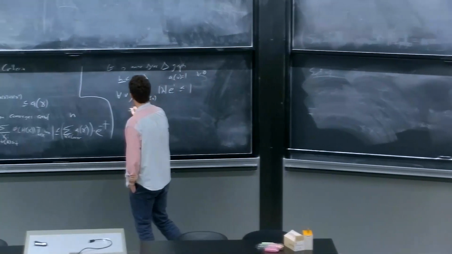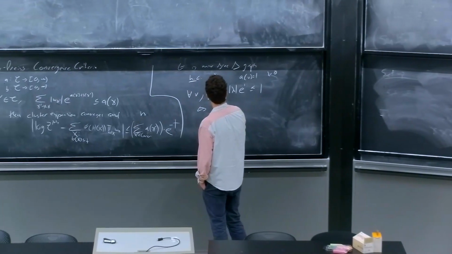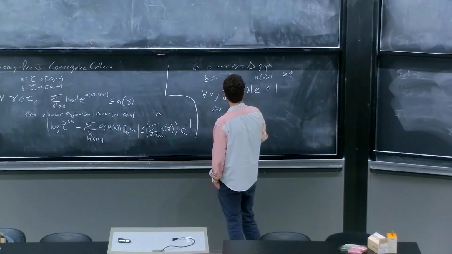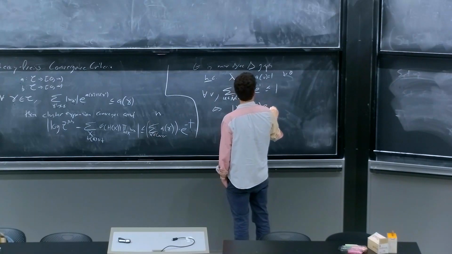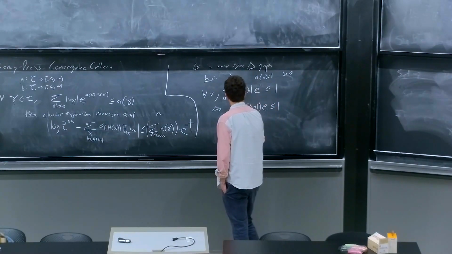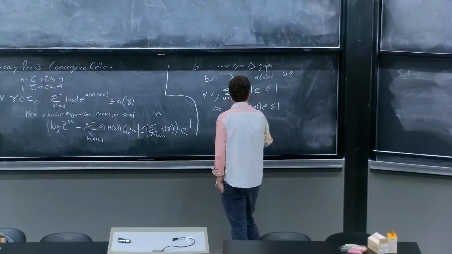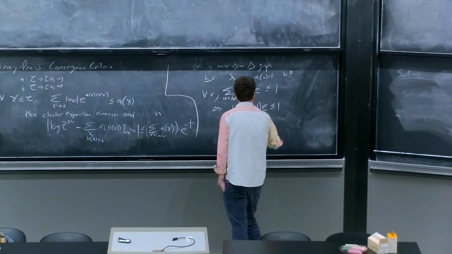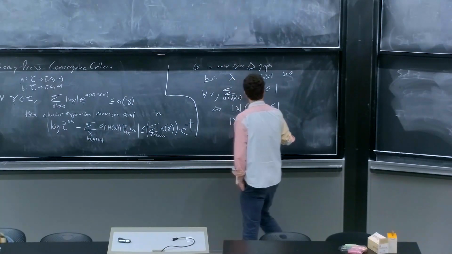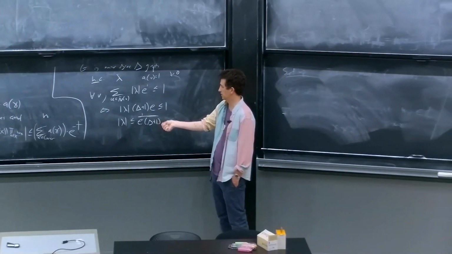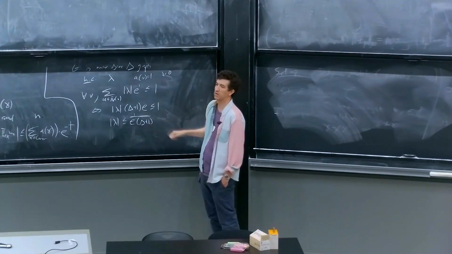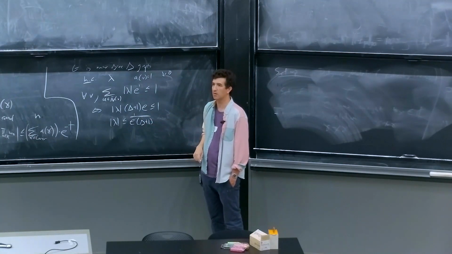And so this is the same as absolute value of lambda times delta plus 1 times E is less than 1, or absolute value of lambda is less than 1 over E times delta plus 1. So cluster expansion for max degree delta graph will converge if lambda's in a disk of radius 1 over e times delta plus 1.